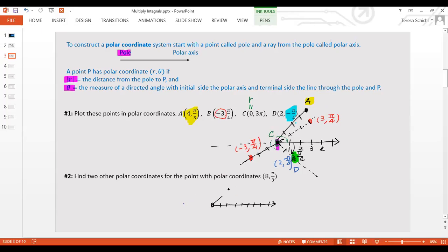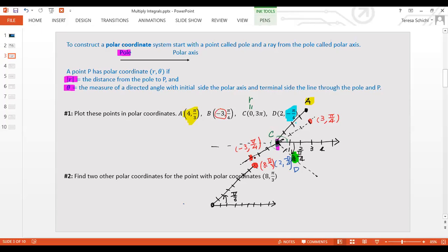Okay, so that means I swing to here. This is pi over 3, so it's 60 degrees. So this is 1, 2, 3, 4, 5, 6, 7, 8. Right? So here, this is my point.